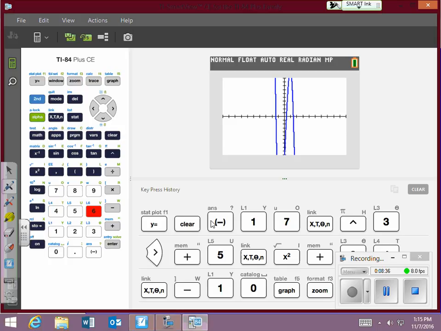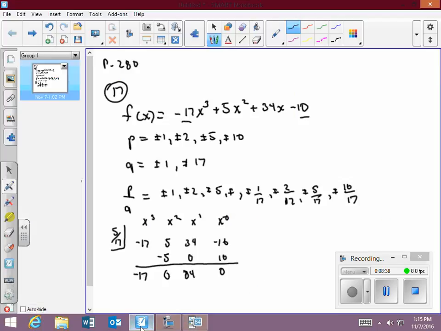But now what we have is this reduced polynomial, this thing right here. So I'm going to write this as minus 17x squared minus 34 equals 0. See, this thing right here is a reduced polynomial, and that's what it is.